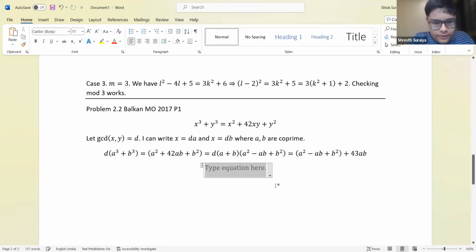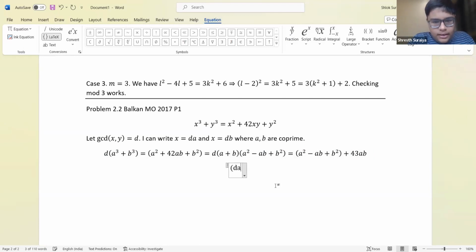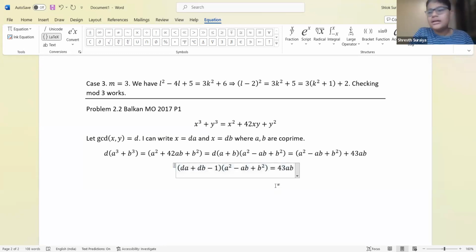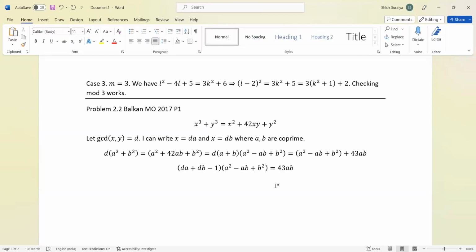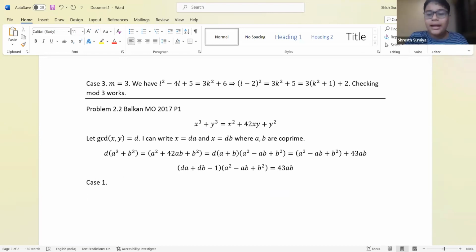After this I can write d(a plus b) minus 1 times a squared minus ab plus b squared equals 43ab, and the advantage is that 43 is a prime. We can just have two cases, when a square minus ab plus b square is 1 and when it is 43.